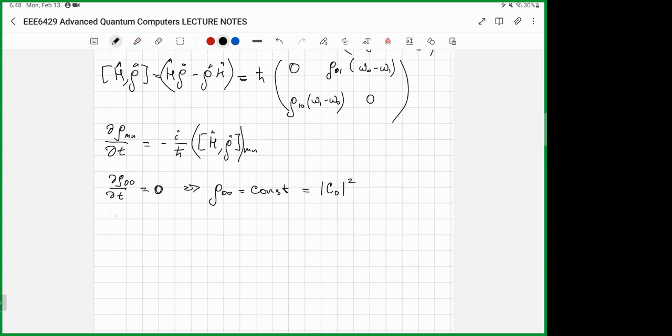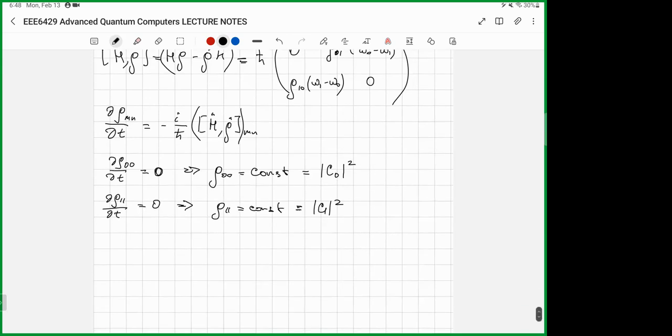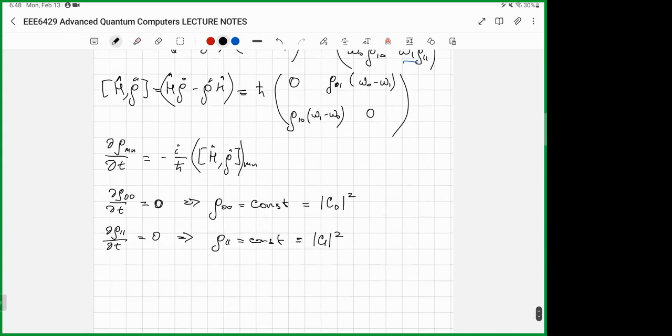The same for the second one: d rho 1 1 over dt is equal to 0, so rho 1 1 is also constant, because rho 1 1 is the modulus of C1 squared. It's another constant that doesn't depend on time. And this is actually interesting. We will discuss this in a minute.